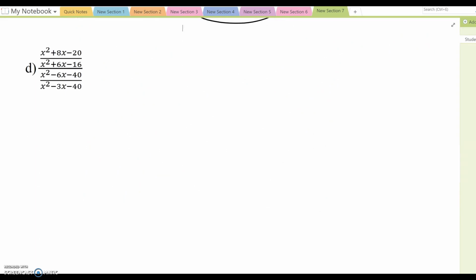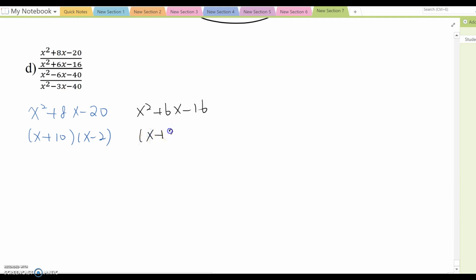But before finding the common denominator, we need to factor each expression. So, x squared plus 8x minus 20 becomes (x plus 10)(x minus 2). The second one, x squared plus 6x minus 16, which is (x plus 8)(x minus 2).